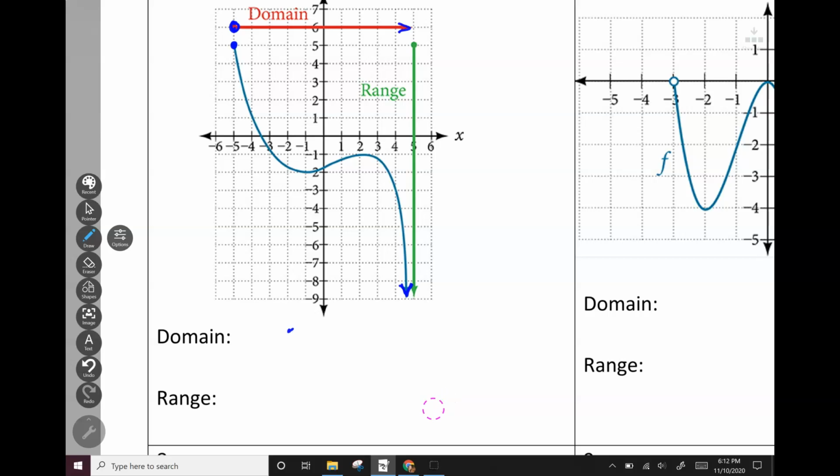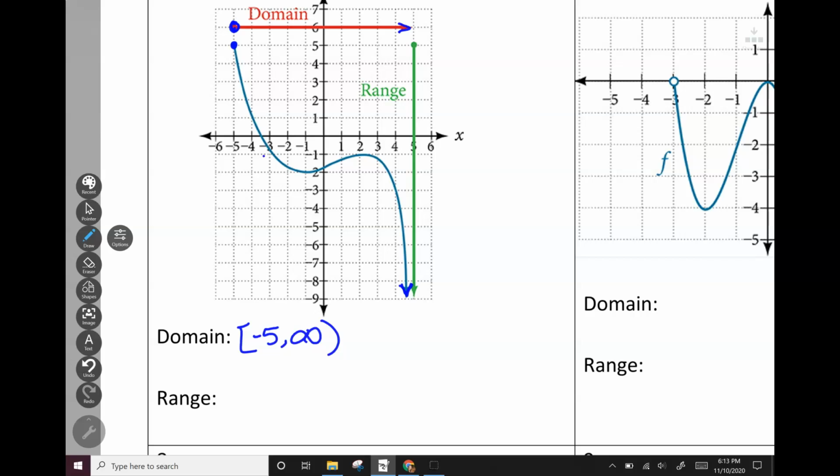However, if you ever see an arrow, that means it's going to go on forever, so that would be infinity. So -5 all the way to infinity for this one. Square bracket because we have a closed circle there. And keep in mind that any point on a line is automatically a closed circle.